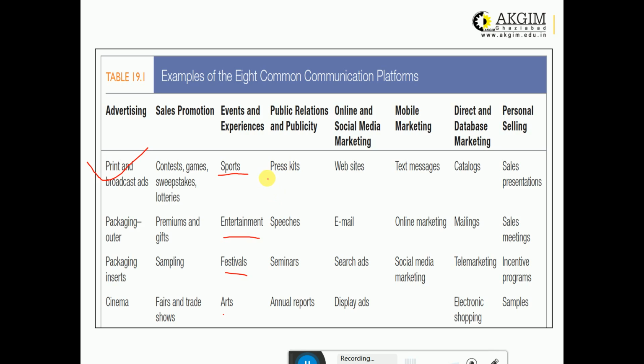Public relations and publicity use press kits, speeches, seminars, and annual reports. Online and social media marketing use websites, emails, search ads, and displays. Mobile marketing includes text messages, online marketing, and social media marketing. Direct and database marketing use catalogs, mailing, telemarketing, and electronic shopping. Personal selling includes sales presentations, sales meetings, incentive programs, and samples.